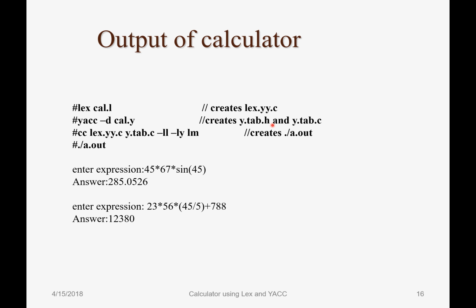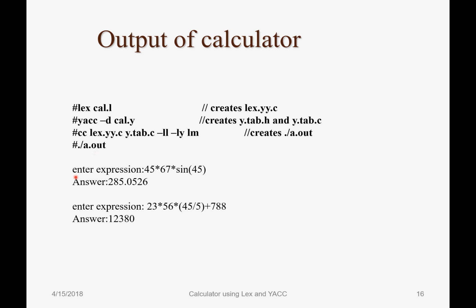So two files are generated by this YACC. And then compile these two C files, lex.yy.c and y.tab.c: cc lex.yy.c y.tab.c -ll -ly -lm. This -l means link lex, link yacc and link math library function. And finally this a.out file is generated after compiling, and execute this a.out.